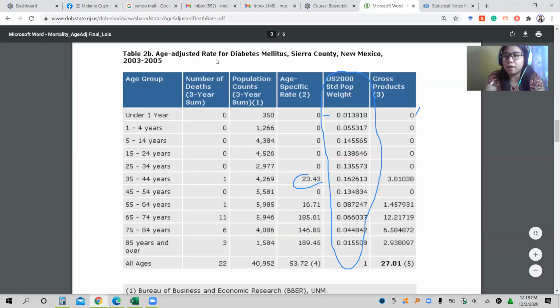So if we have the data for the US 2000 standard population weight, it is also possible for us to compute the values of what we are looking for.